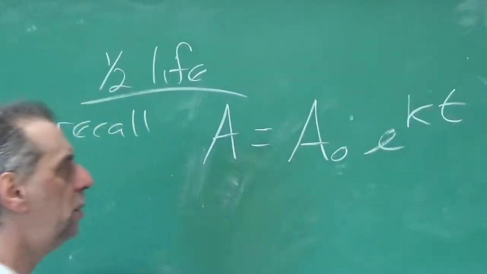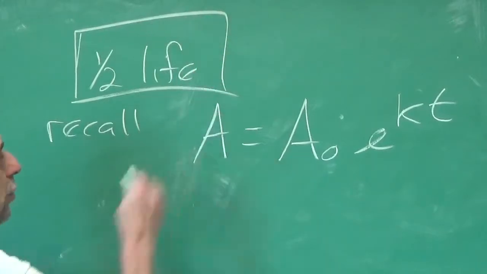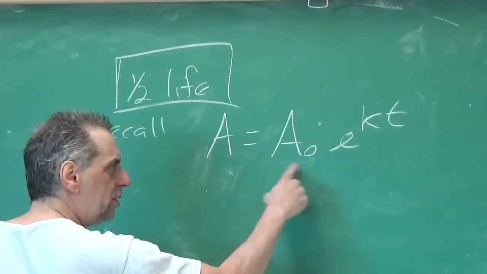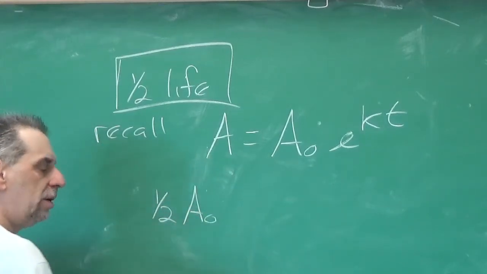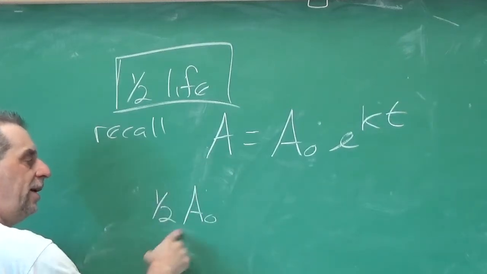This is the formula we use for any exponential growth or decay. The k value tells us whether it's growth or decay depending on the sign of that k value. Well, if we want half of the original amount to be the final amount, we just replace the final amount with half of whatever the original is.